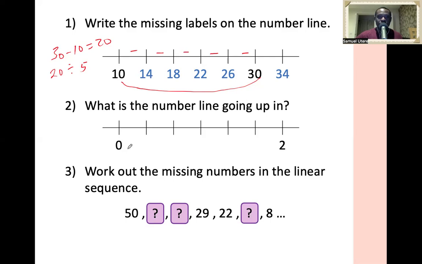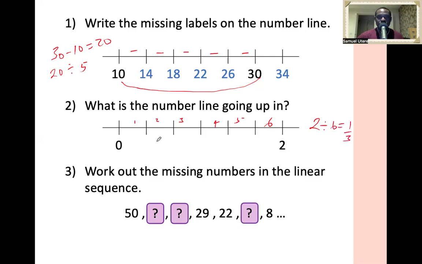Here, we can see that the difference between 0 and 2 is 2. But we have these intervals too: 1, 2, 3, 4, 5, 6. We have 6 intervals, so we're going to have to divide the difference between 0 and 2 by 6. 2 over 6 is 1/3.